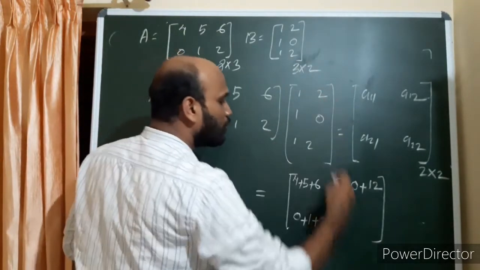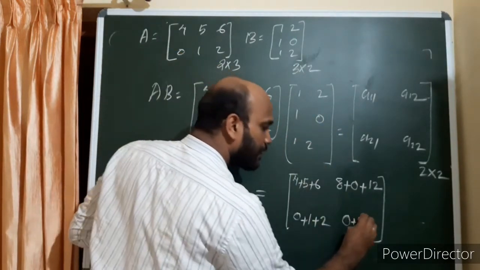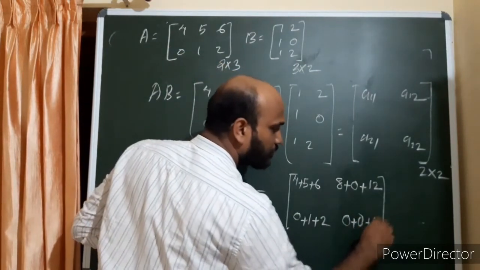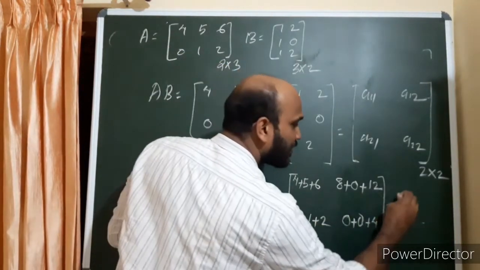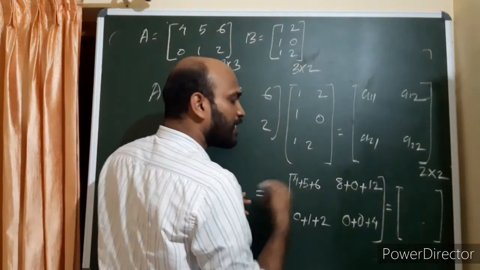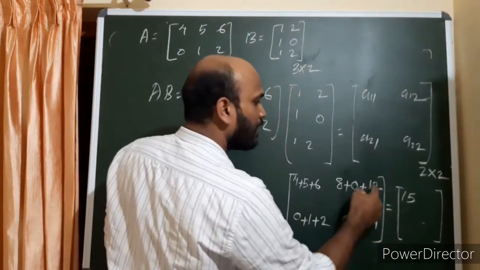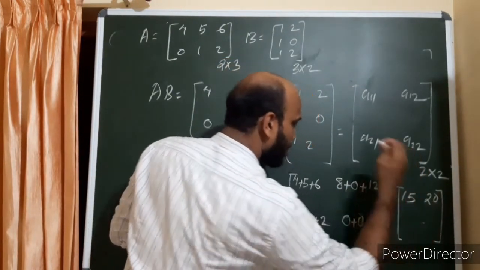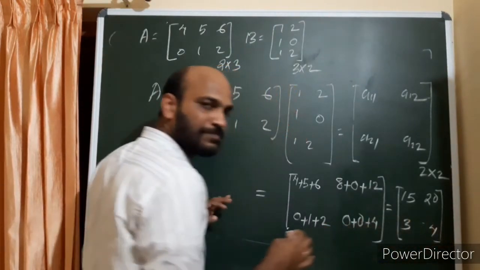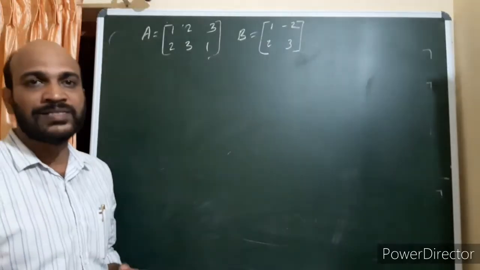So 0 into 2, 0 plus 1 into 0, 0. 2 into 2, 4. So the answer will be 15, 20, 3, 4. Easy, right? Now consider the next question.